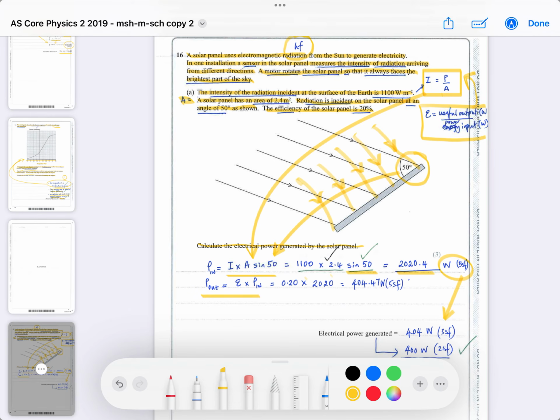So we know the power input, we know the efficiency, so you just multiply the two together, and you'll get 404 roughly watts to 3 significant figures. So you can put it to 404. I've shown you what it is to 5 significant figures, or you could even round it up to 2 significant figures, because the efficiency is not known that accurately. The efficiency is only 20%, okay?